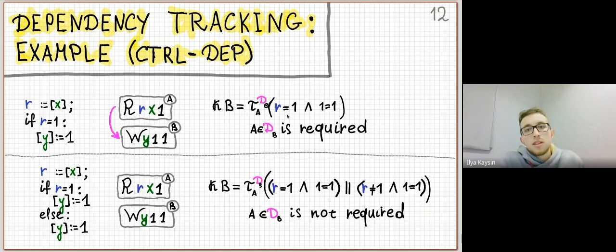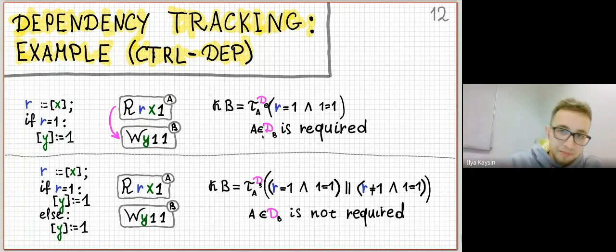And so it is required for B to depend on A. So this edge from A to B is required because we want this kappa to be tautological. It's basically similar to the previous example: to transform r equals 1 into a tautology, we need to add r equals 1 as a premise.